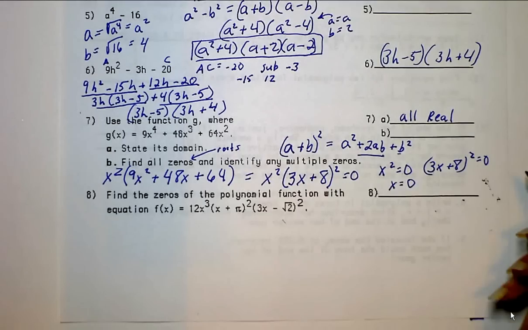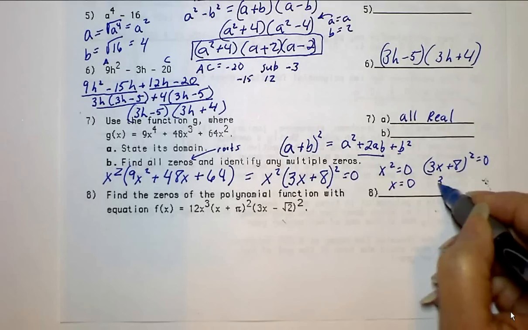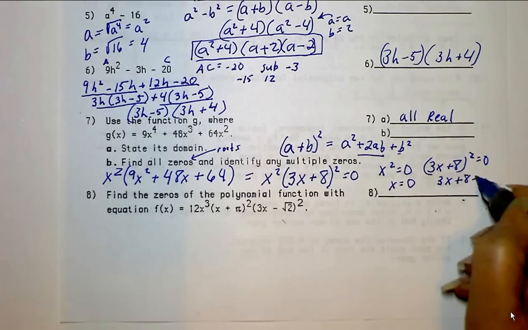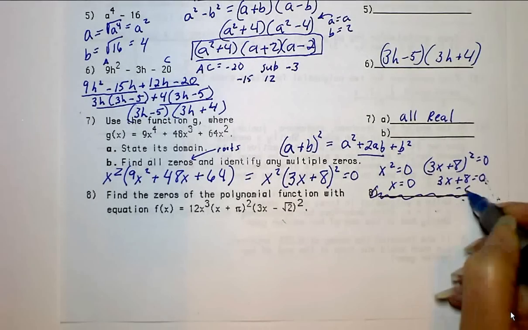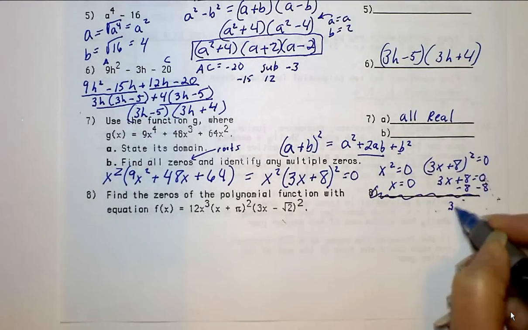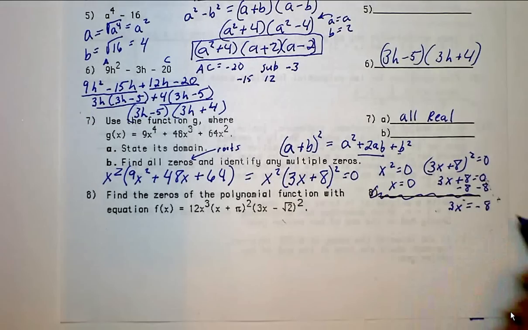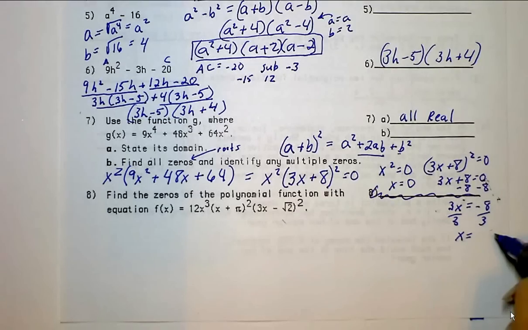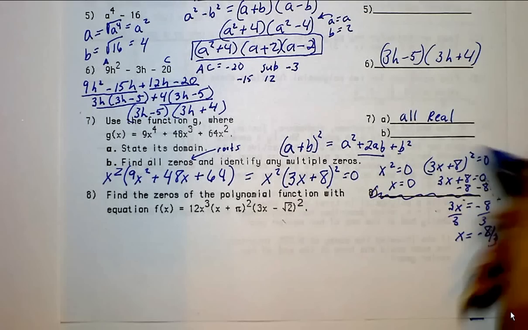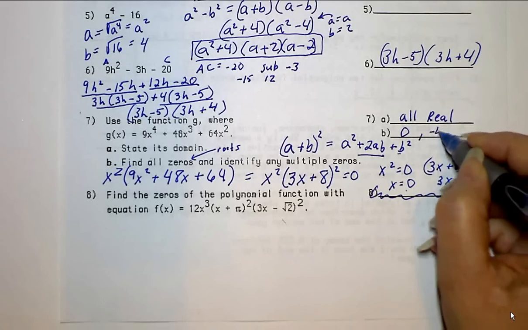When I have here, take the square root of both sides, I have 3x plus 8 is equal to 0. And then I'm going to subtract 8. So I have 3x is equal to negative 8. Divide by 3. X is equal to negative 8/3. So my two zeros are 0 and negative 8/3, and both are doubles.